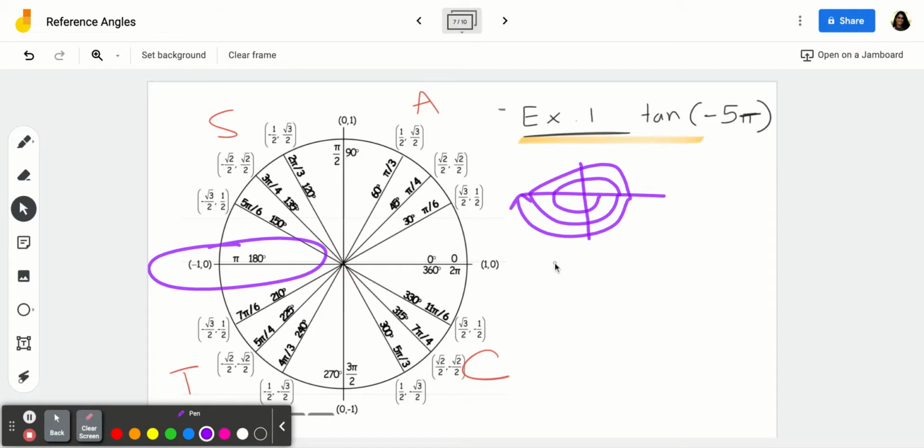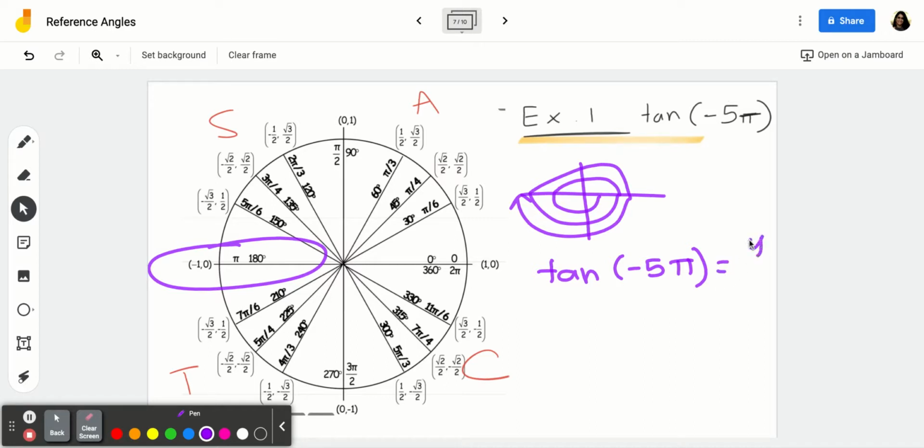So now I can actually calculate, which is what this question is asking, tangent of negative 5 pi. This is different compared to the other days because we had to go around the circle either backwards or more than once. But once we can figure out where we land on the unit circle, the rest of this is easy. So how do we find tangent of negative 5 pi?